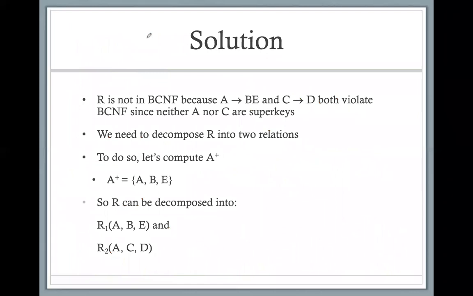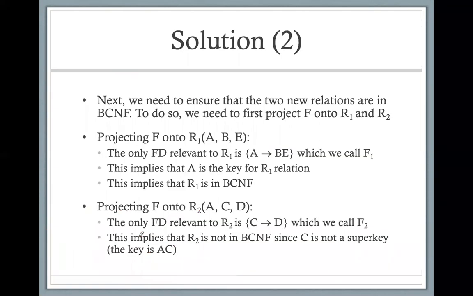I'll show you on the slides. So I first decomposed R into two tables: R1 A B E and R2 A C D. Okay. This is what we did, right? And then we projected the F into ABE, and that gives me A determines BE, or A determines B alone and A determines E alone.